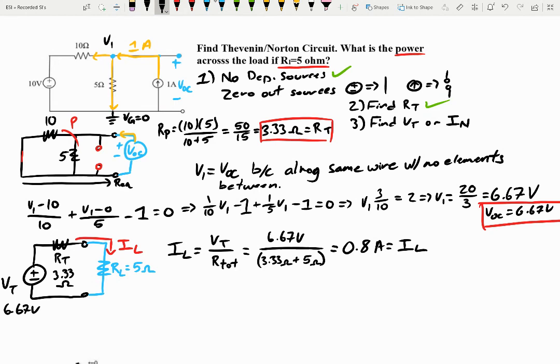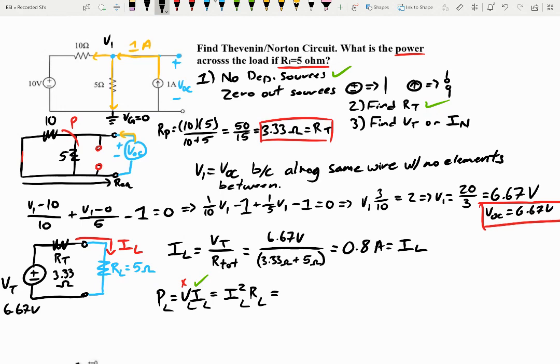And now there's a couple of ways we can go about solving for the power. So the power we know is equal to VI, where we have the current, but we don't have the voltage. And to solve for the voltage would take a couple extra steps. But we also know power is equal to I squared R. So all these L's mean load, by the way.